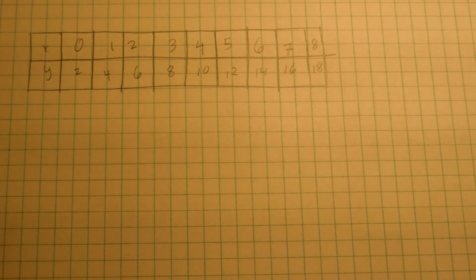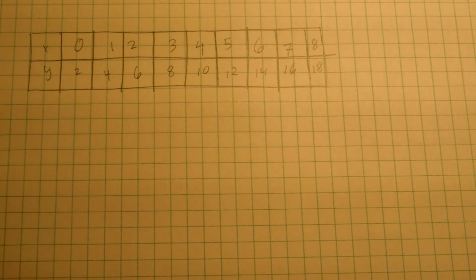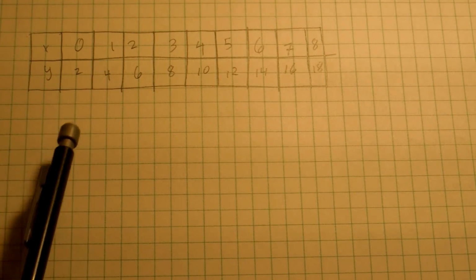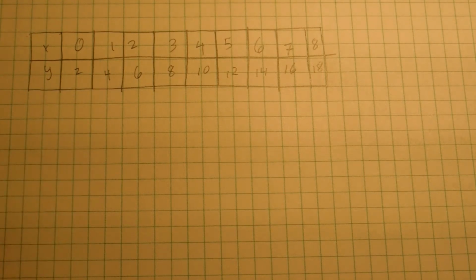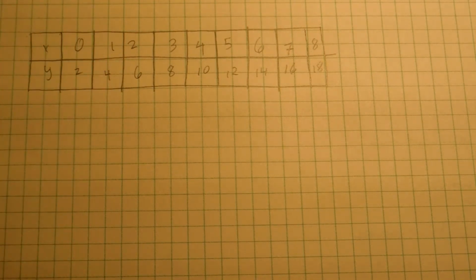Whenever you look at a table, if it's up and down, the numbers that are up and down from each other are together. If you have a sideways table, the numbers left and right are next to each other. But since we have an up and down table, the up and down numbers are together.